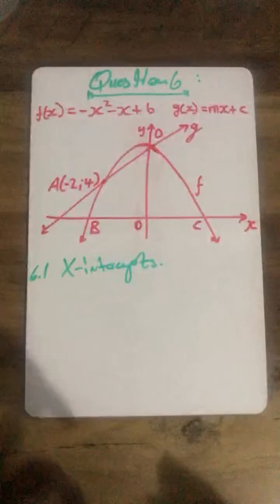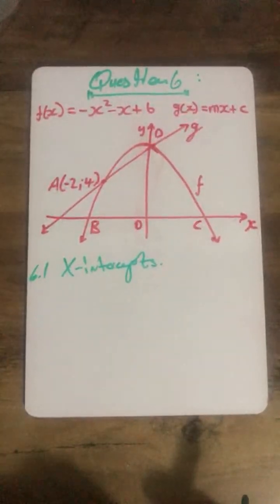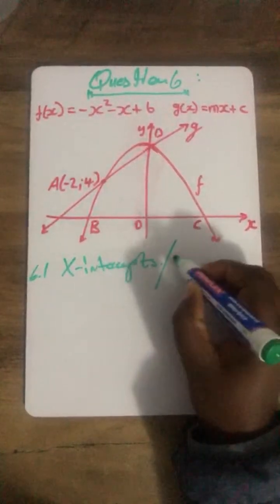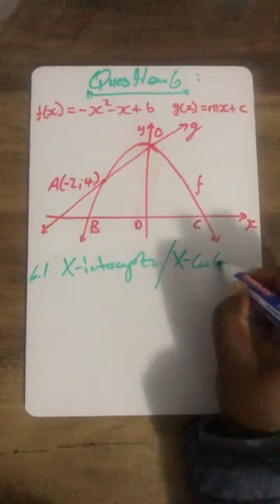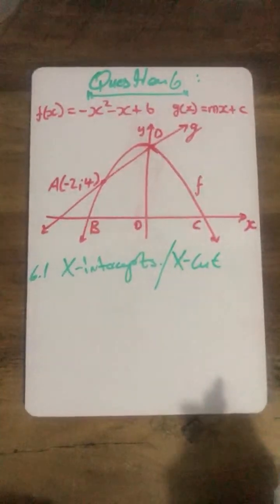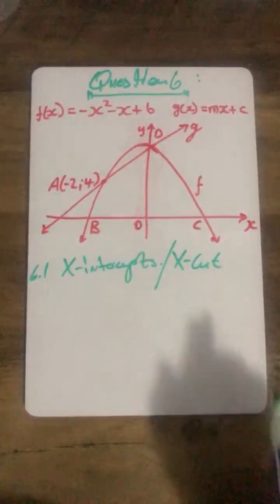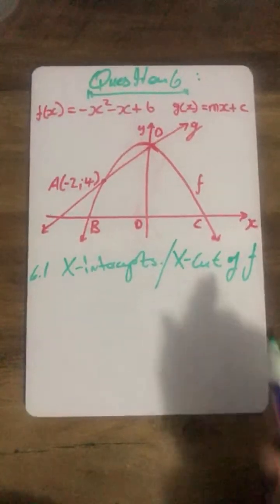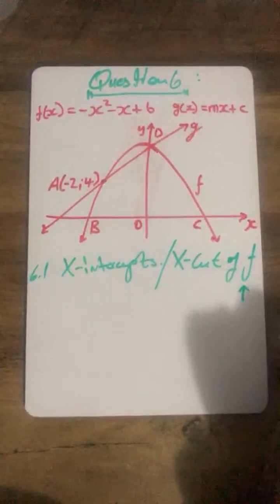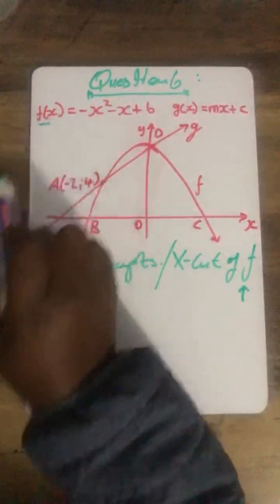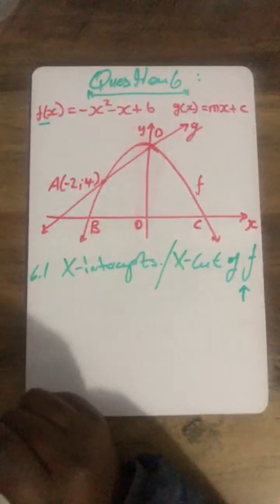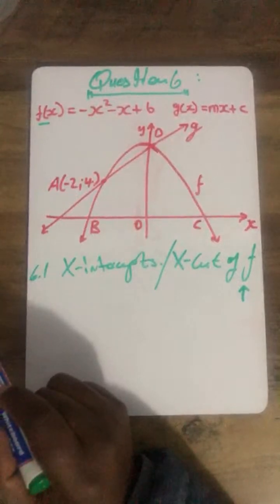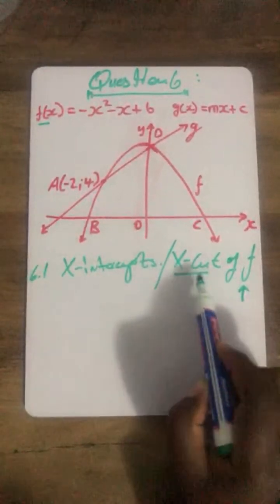For those of you who might not be aware of what is meant by the x-intercepts, another way of saying it is the x-intercepts of f. Because now they are talking about f being f of x, they want you to use that equation or function in order to find the x-intercepts.